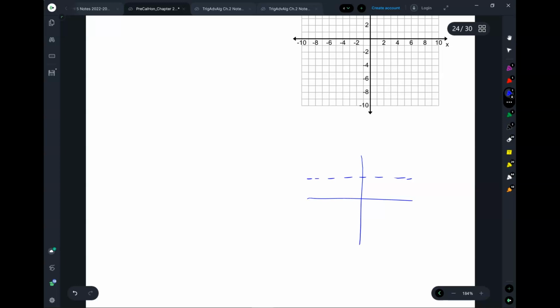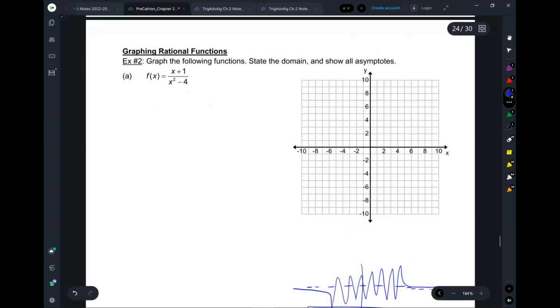The graph can cross the horizontal asymptote 1,000,000 times in the middle. It's only at the infinities that they take effect. So it's possible to have a function that looks like this, and then at the infinities, it follows the asymptote.